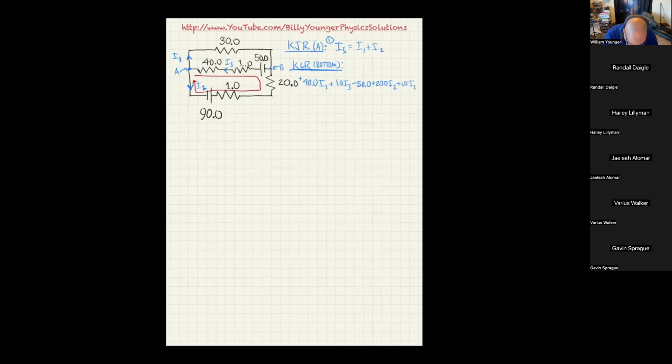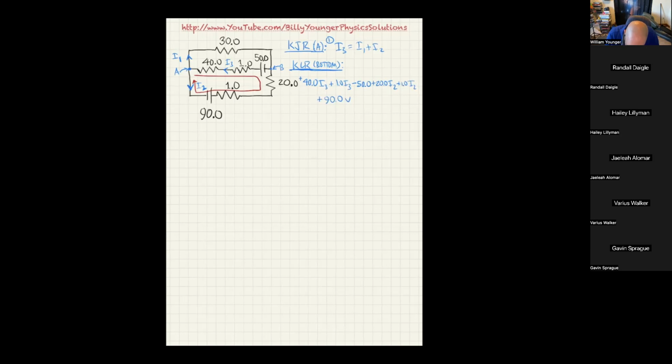And in that case, I'm going from positive to negative again. So this is also going to be a minus 90.0 volts. Now I can simplify that, and I will before I number it. So I can combine the 40 and the I3, and I can combine the 20 and the I2.